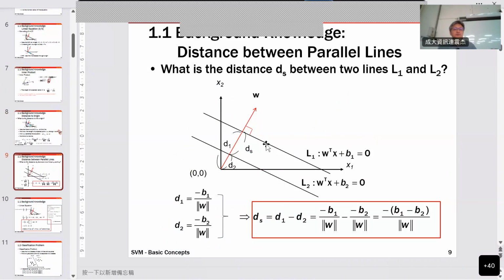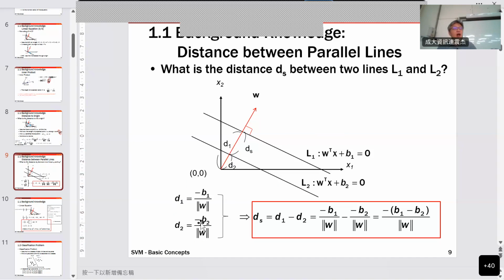So what we try to do is this way. For the equation L1, we have a constant B1. So the distance from 0, 0 to this L1 will be B1 divided by W. For D2, for the other line, it will be B2 divided by W. So both are the distances from 0, 0 to L1 and L2.